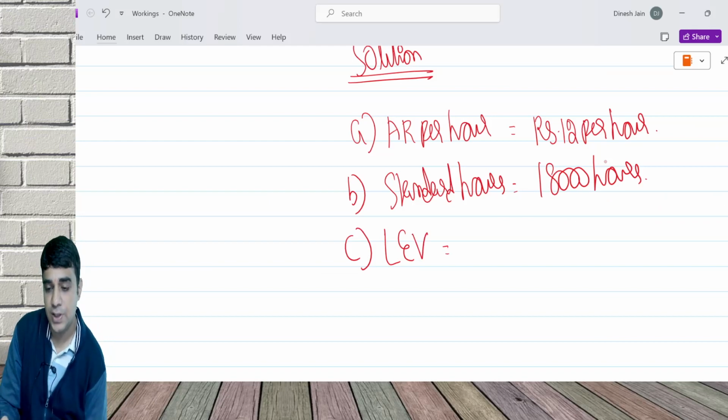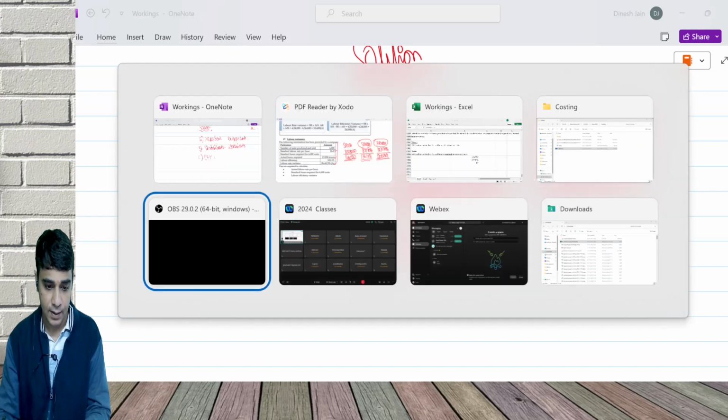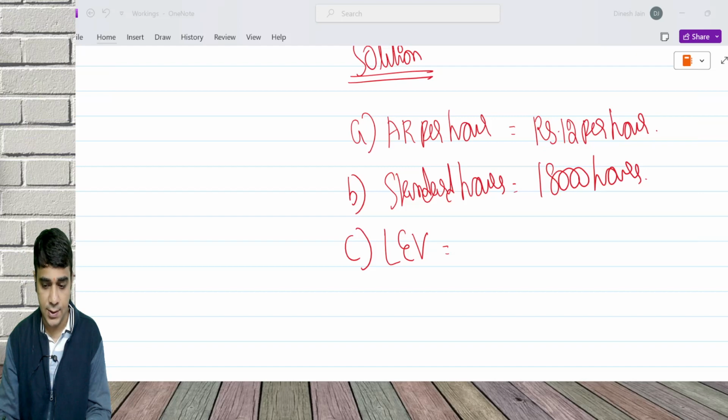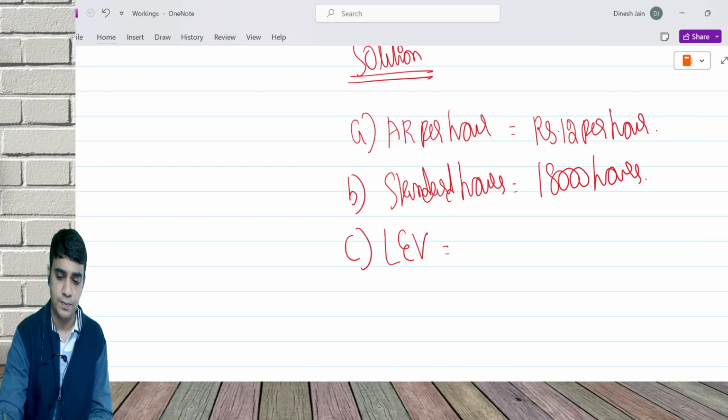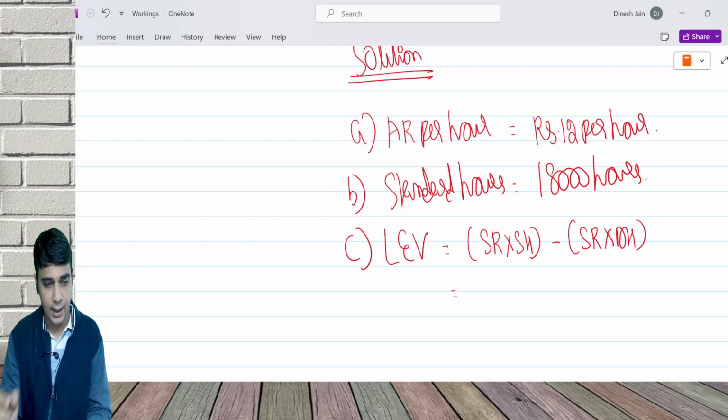Labor efficiency variance equals SR into SH minus SR into AH. I'm not getting into the formula discussion. Anybody who at any stage has a doubt on the formula, let me know.